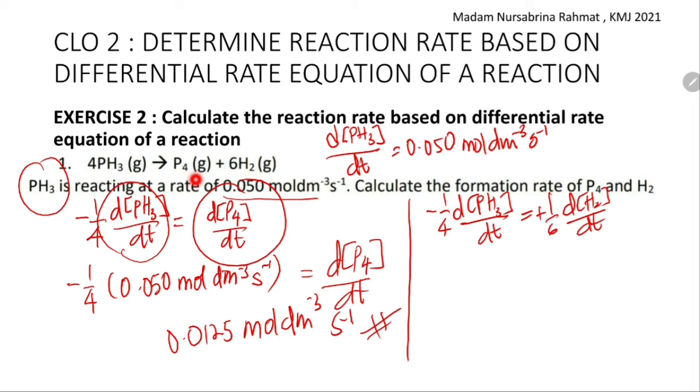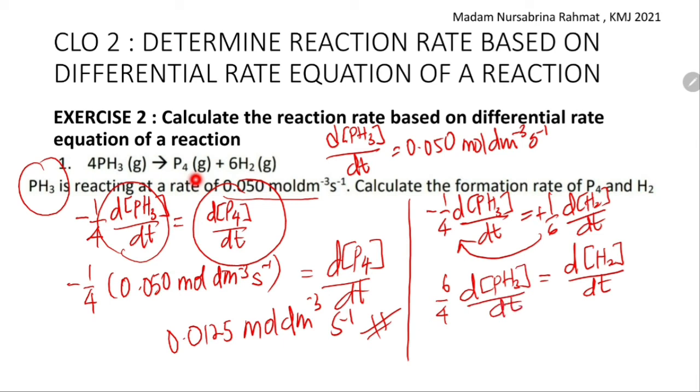And then I'm going to rearrange the numbers so that on my right side I only have d[H2]/dt, which is the formation rate for my hydrogen. So I'm going to move the 6 to the left side, so it becomes 6 over 4 d[PH3]/dt, and I'm going to completely ignore the sign here, negative or positive.